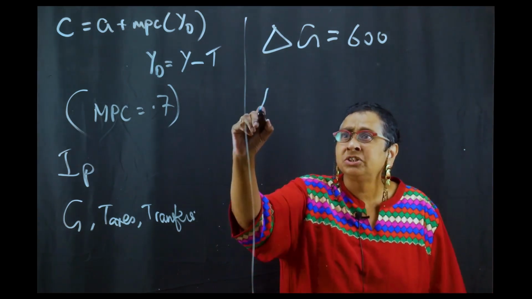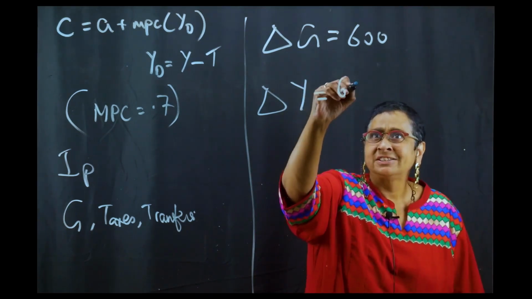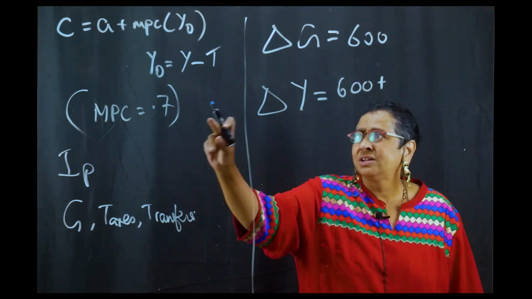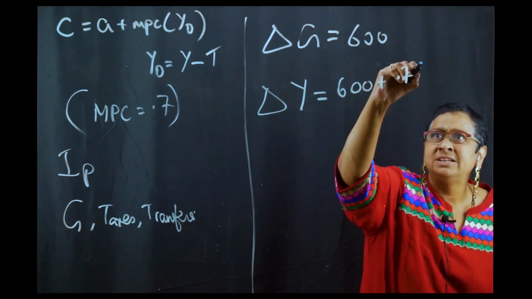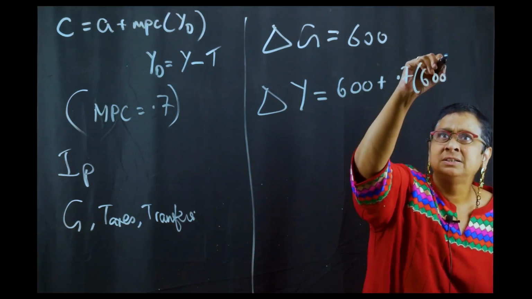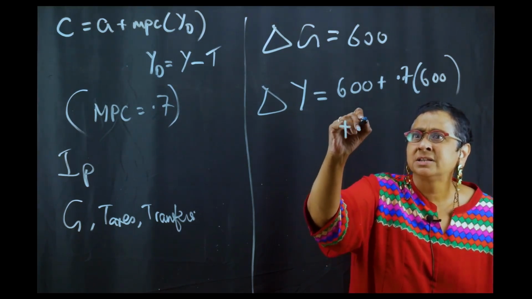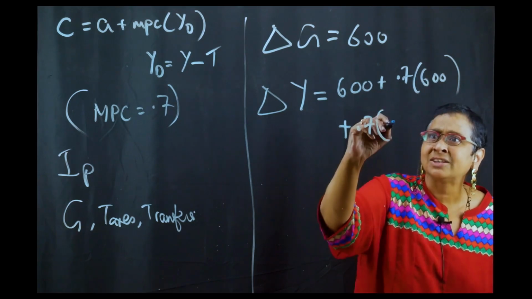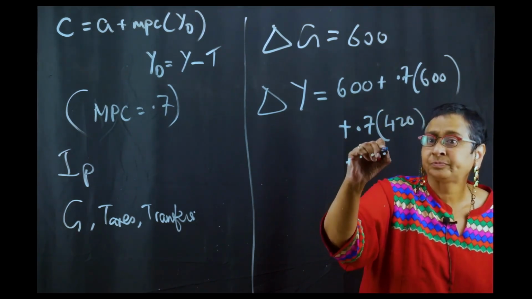So the final change in equilibrium is going to be the initial 600 plus, because my MPC is 0.7, 0.7 times that 600, which is 420, plus 0.7 of that 420, plus, and so on.